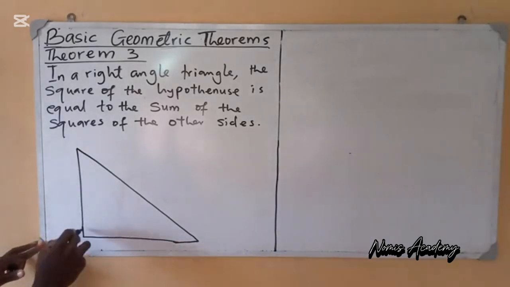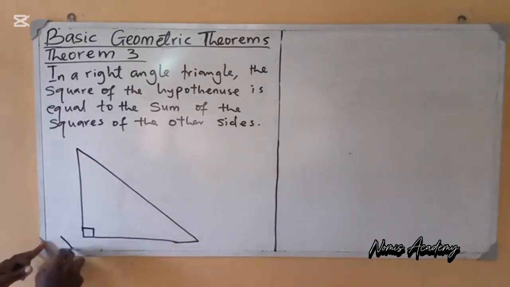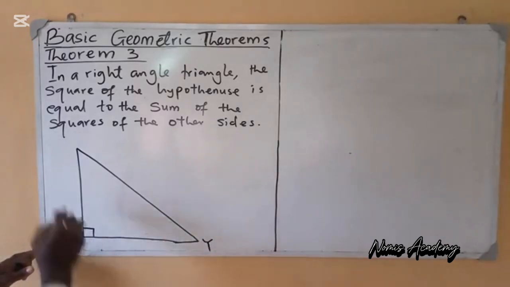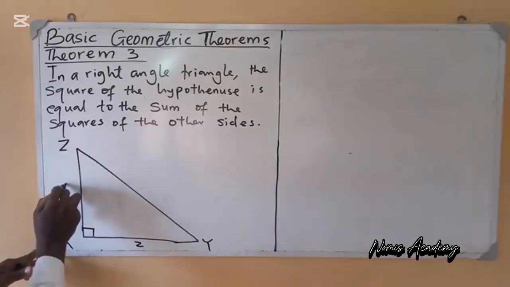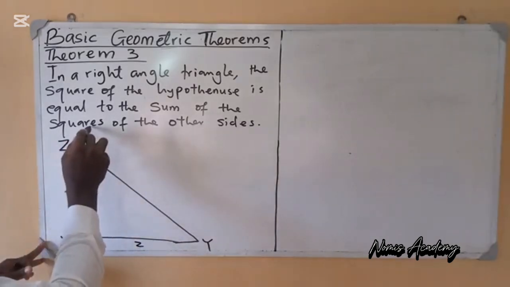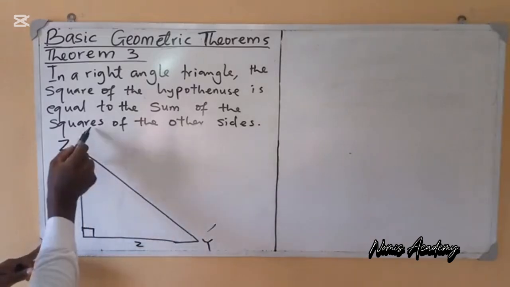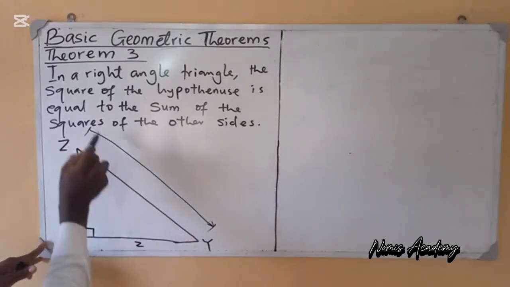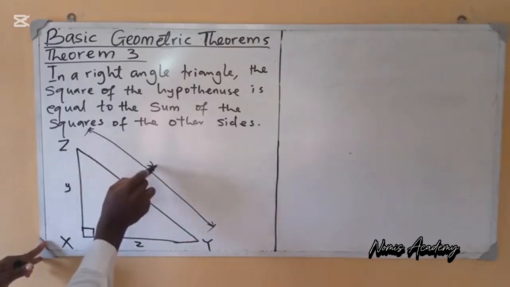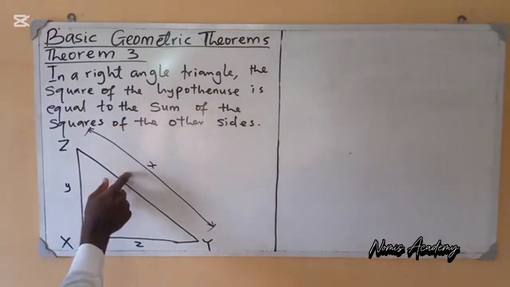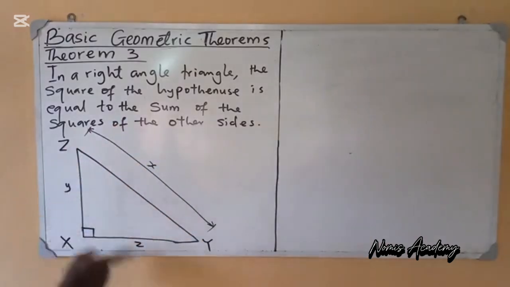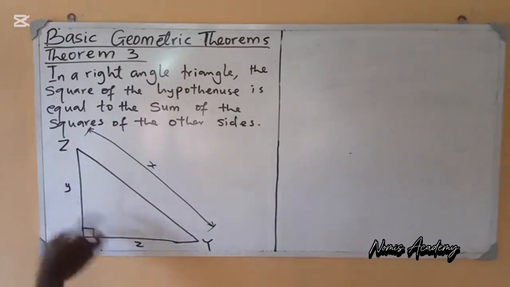So we can call this X, Y, Z. With side, this is side Z, and this side is side Y. And then from this side to this side, we call it side X. Now, based on the theorem, it says that the square of this side is equal to the sum of the squares of the other two sides.